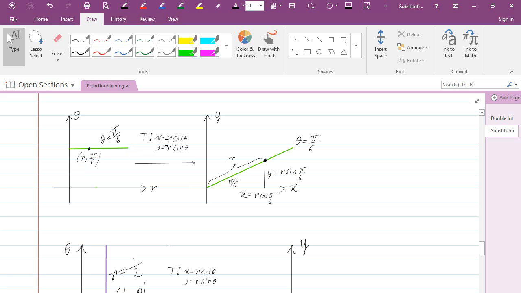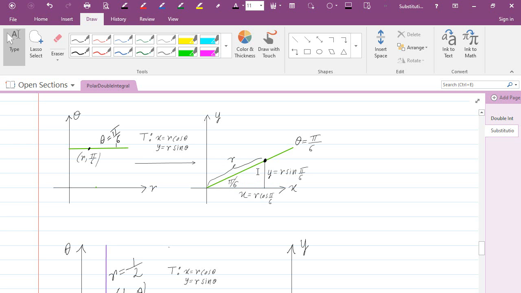So x is r cosine pi over 6, and y is r sine pi over 6. Looking at this right triangle, the hypotenuse is equal to r, by Pythagoras or from trigonometry.